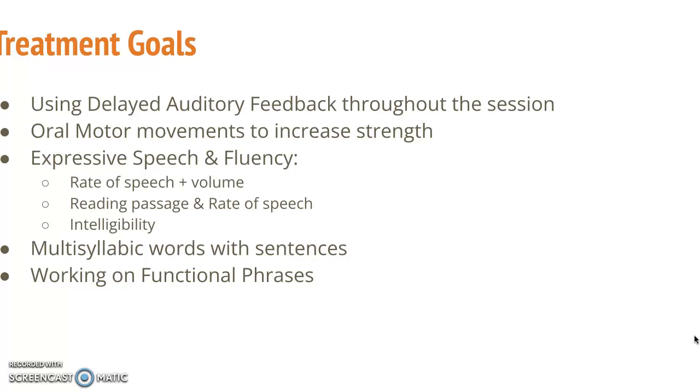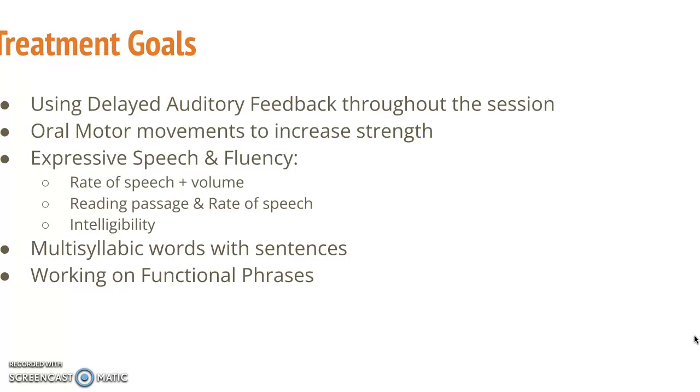We work on his rate of speech and volume, which we also incorporate the use of a pacing board. We also work on reading passages with DP, in which we work on his rate of speech and incorporate the use of a metronome in order to pace himself correctly and to decrease his rate of speech, which is currently increased significantly.